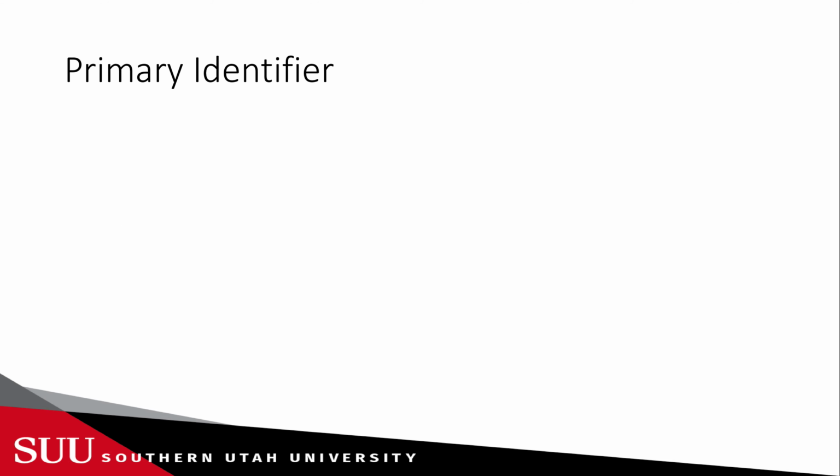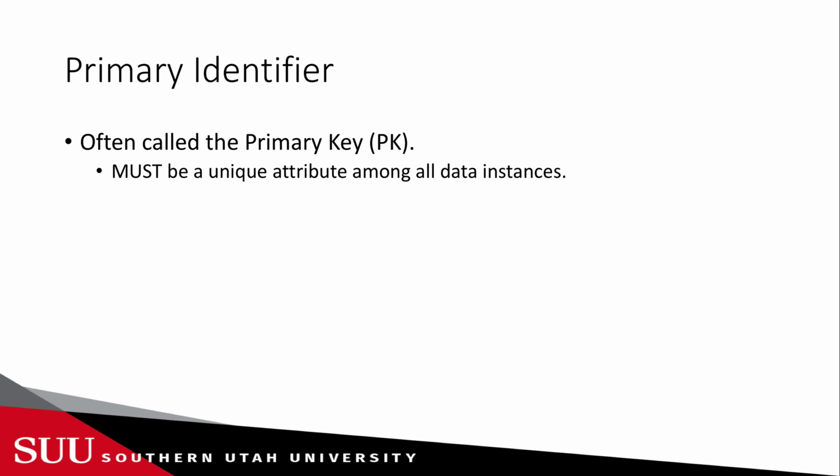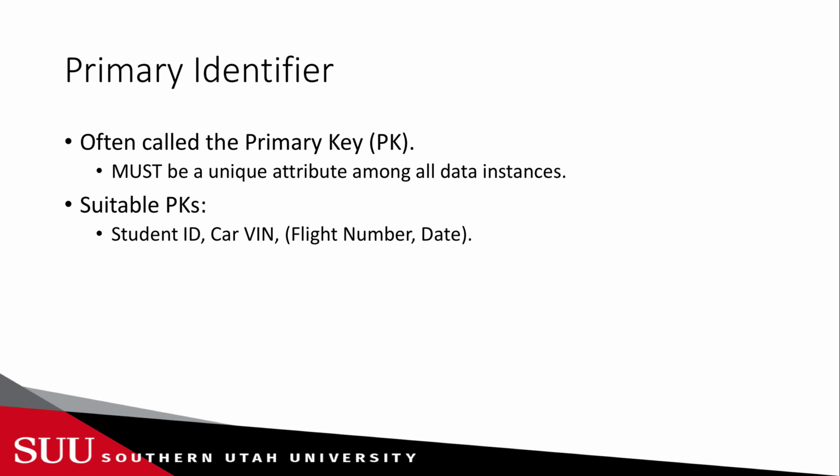Now the primary identifier, which is the primary key we talked about, is often referred to with the letters PK, which refer to primary key, and must be a unique attribute among all data instances. Again, suitable primary keys would be student ID, the VIN number for a car, and in the case of a flight, it might be flight number combined with date.